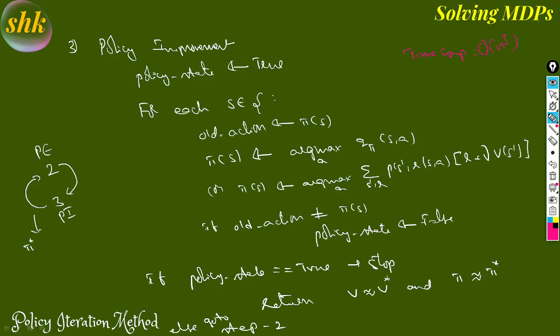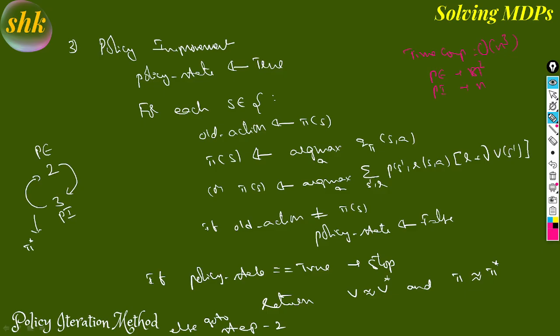The policy evaluation takes place n square number of times, and policy improvement is done n times. As these are iterative methods, the time complexity is n square into n, which is n cubed.